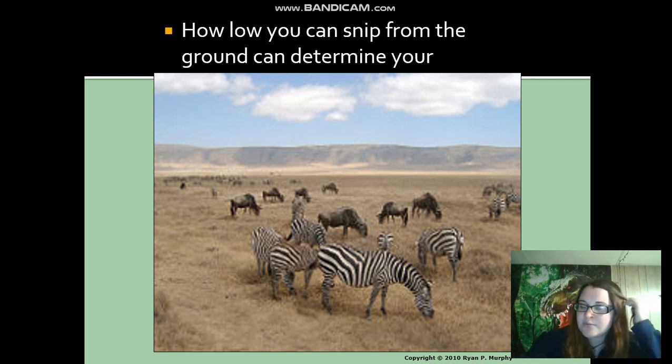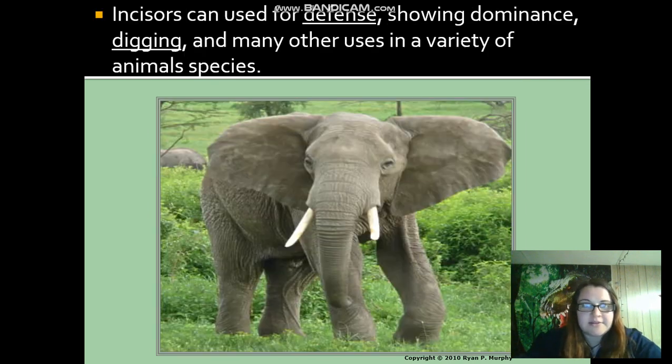So like these zebras, if their incisors were bad, they wouldn't be able to get as much grass when they're eating. And then a lion could come up and attack them if they have to keep their head down longer while grazing. Versus if they had good strong teeth, then they can take a bite of grass, then come up and look around for a lion.